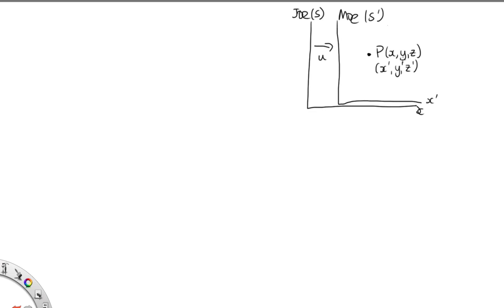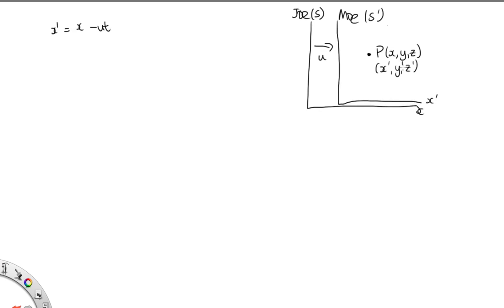Let's have a look at the relationship between x and x dash, y and y dash, z and z dash. Well, x dash is equal to Joe's x coordinate, and now we need to subtract off this ut term, as this distance you can see is shorter than the x distance in Joe's reference frame.